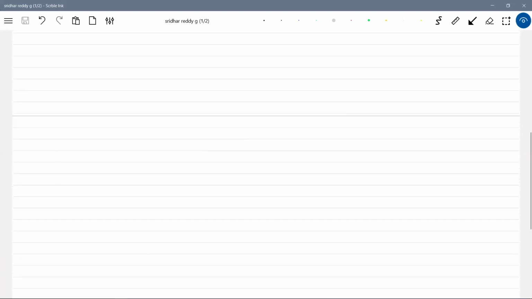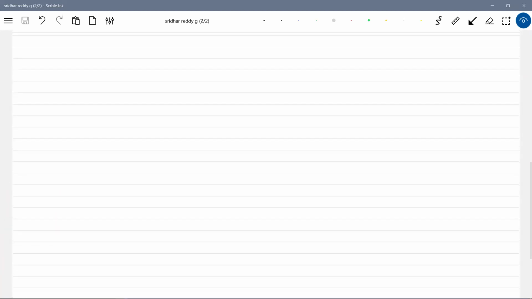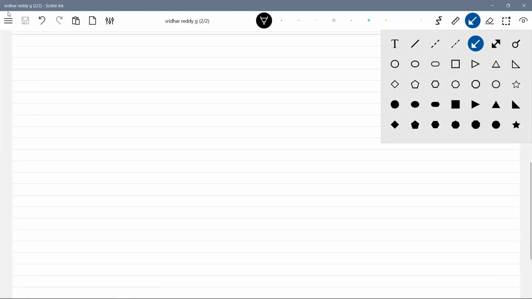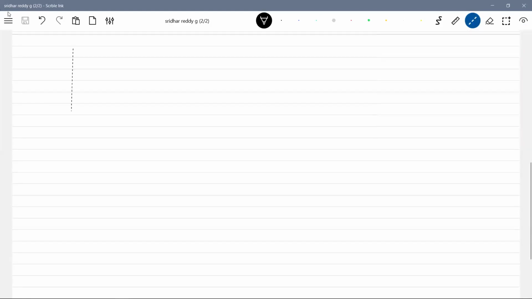Let's take the next example. Here the electric field vector E bar is equal to E naught x squared K cap.